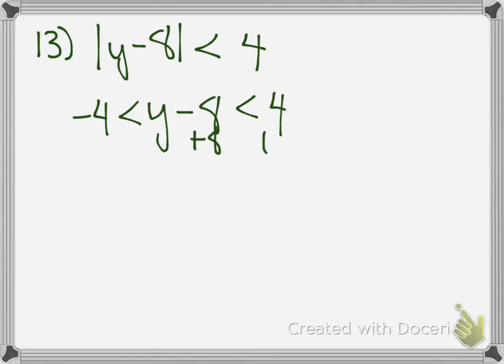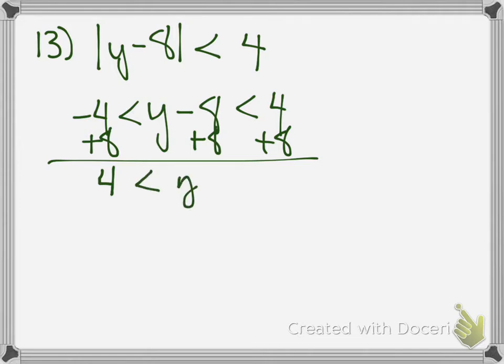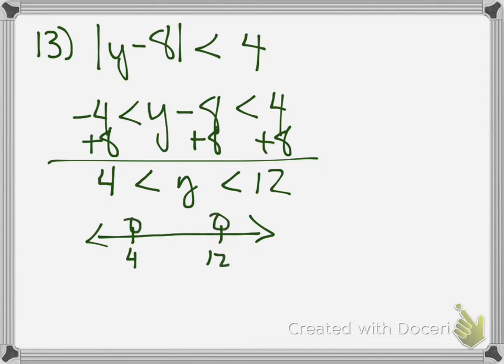So I'm going to add 8 to solve. That gives me y is between 4 and 12. Open dot on both, so the graph would be 4, 12, open dot, shade in between. The interval notation would be both numbers, with parentheses since it's open dot.